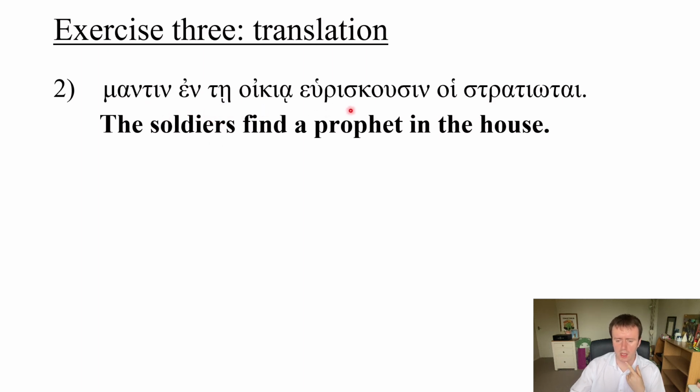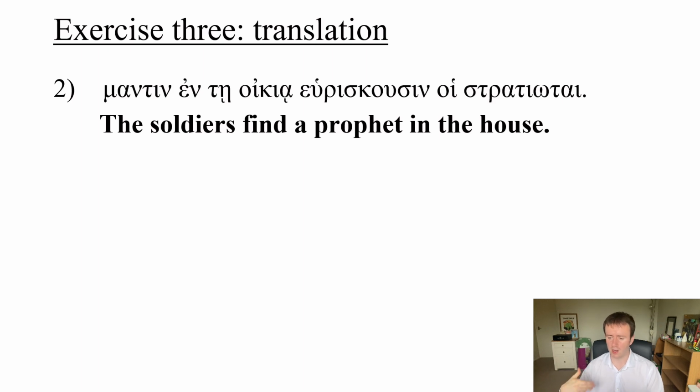Then we've got heuriskousin, which means they find. The verb heuriskō means find. Here it ends in -ousin because they are doing it. And if we look at the end of the sentence, then we get the subject, we're told who that they is. Namely, hoi stratiotai. Stratiōtēs is a 1D noun, meaning soldier.